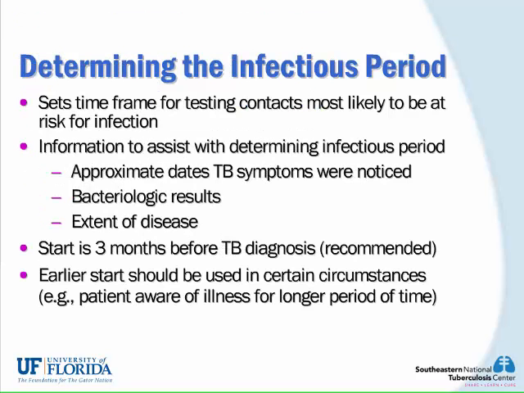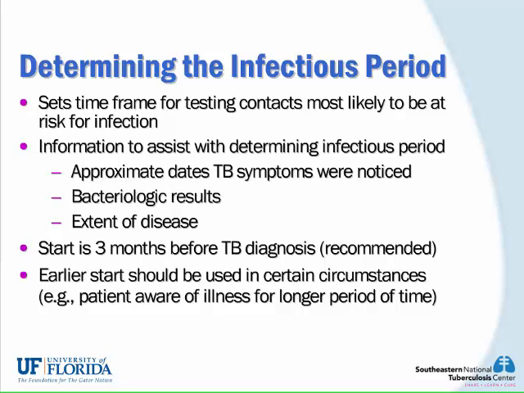So once the decision is made to conduct a contact investigation, the health department goes into the process of determining the infectious period so that they can identify which contacts they need to test. In determining this, they take into consideration the approximate date of symptoms, the results of the smears, and the extent of the disease.